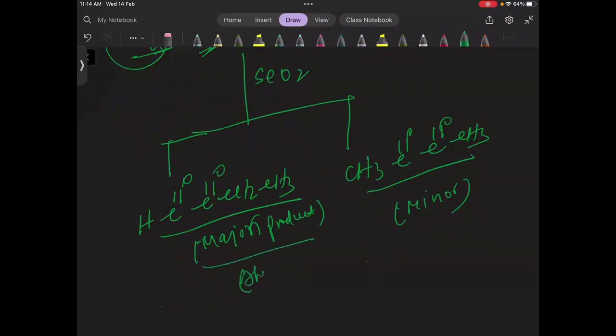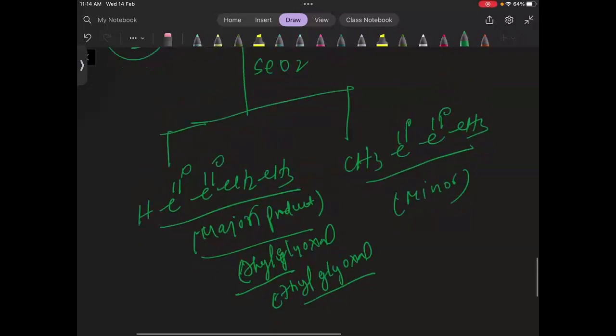Its name is ethyl glyoxal. Ethyl glyoxal is the major product, and butane 2,3-dione is the minor product.